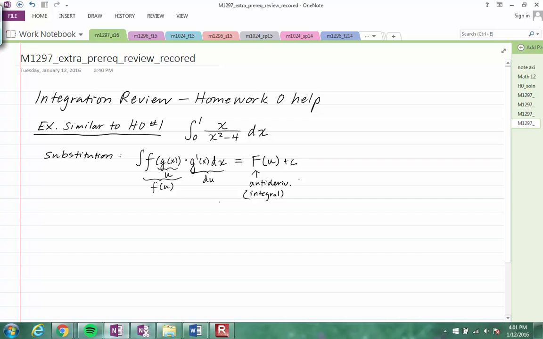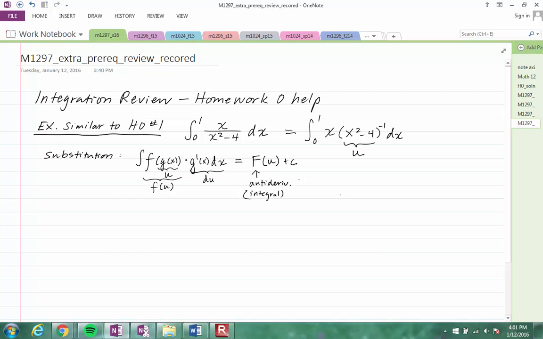So the variable part of that, if that's there, substitution's going to work, usually. So right there we determine, hey, substitution's probably going to be a good thing. Another thing you can do is actually write this as a composite function. This is equivalent to x times x squared minus 4 to the negative 1. So you don't necessarily have to do that initially, but the u is usually the inside of the composite function, which now it actually is written that way.